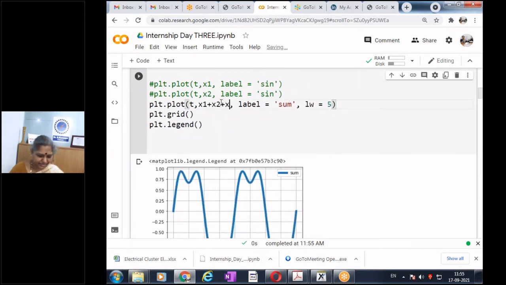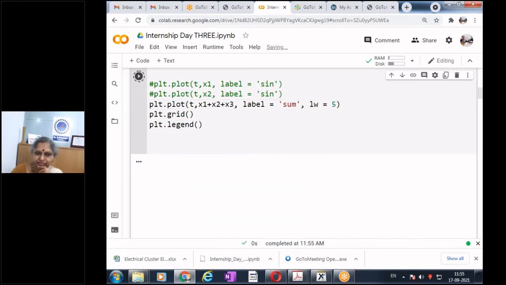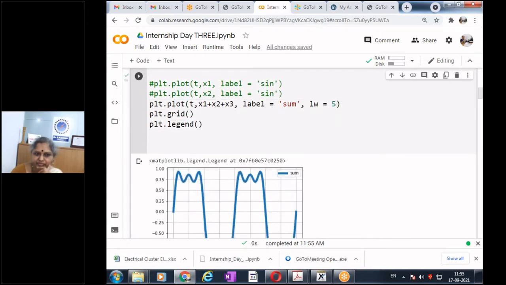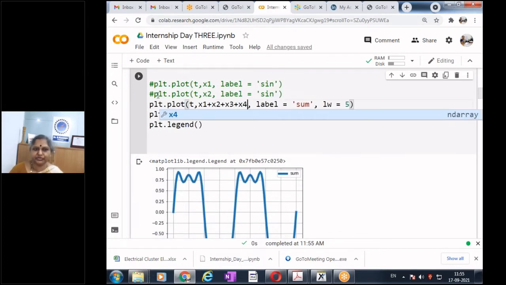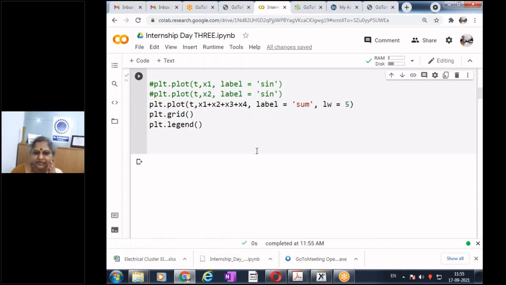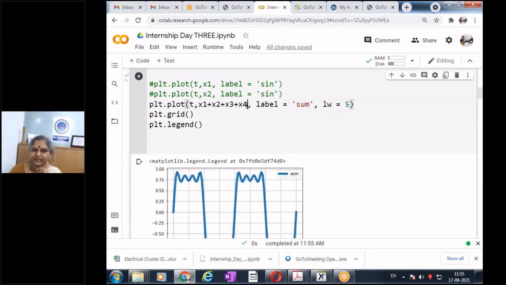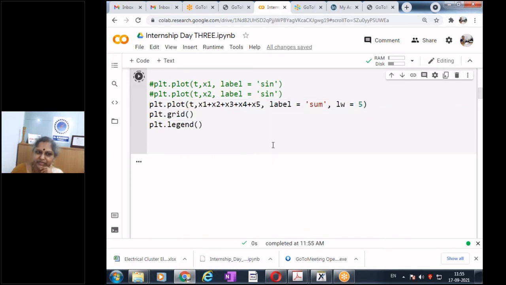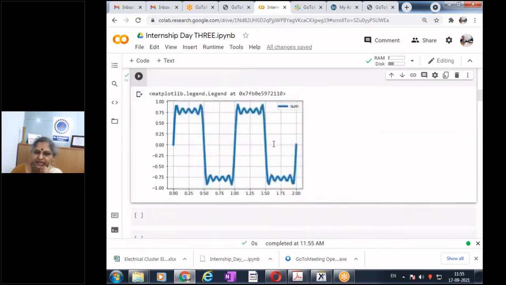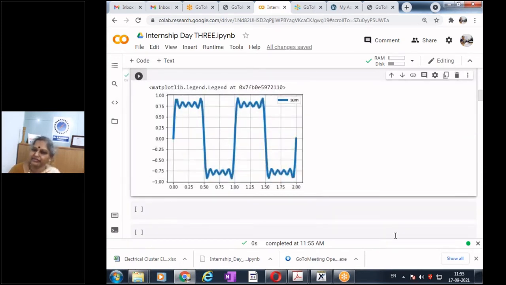Then I run it with x3 and see what I get. Then I run it with x4. This is what I get. Plus, say, x5. I have defined only till x5. And you saw, and as someone has mentioned, it's likely to become a square wave as we add it.